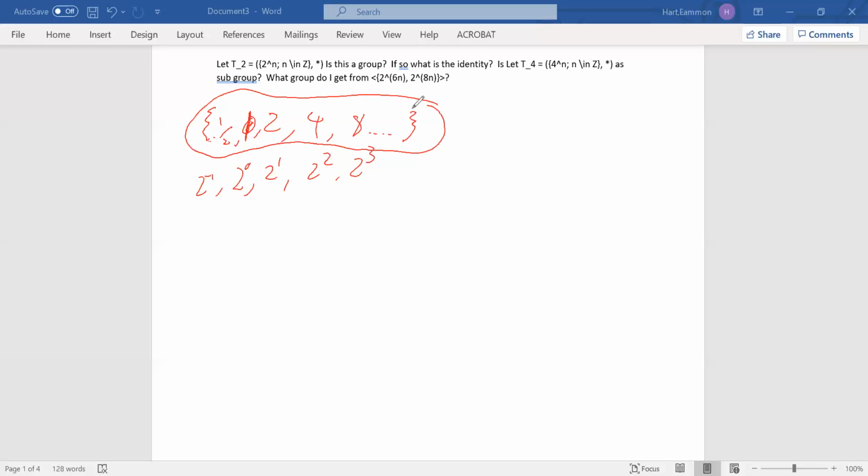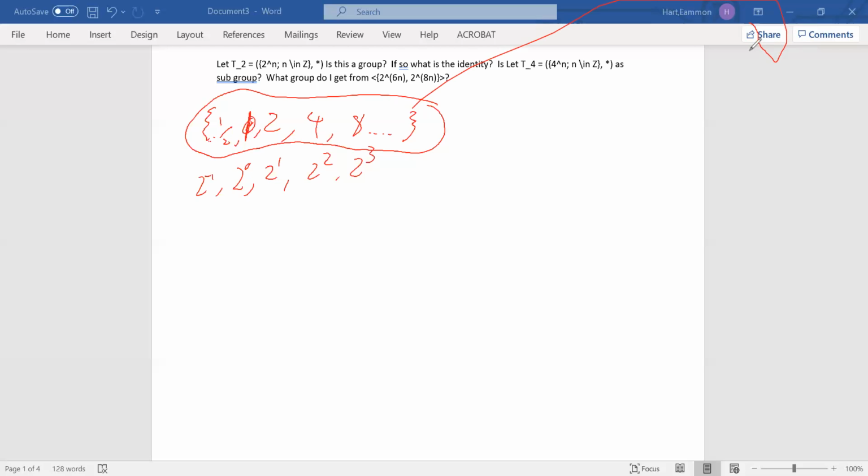So is this a group? Justin correctly said yes. So what do I have to do to actually check that it's a group? What axioms do I have to check?